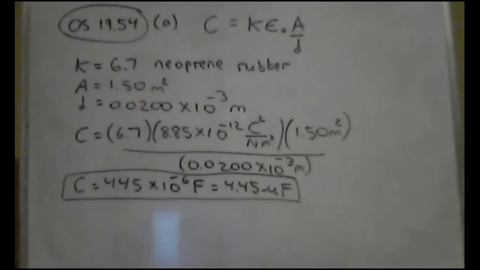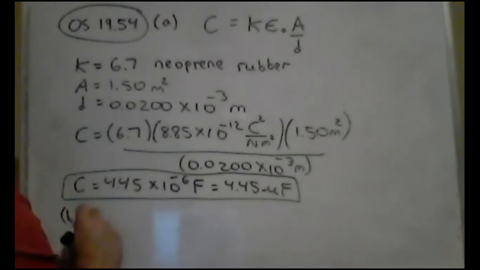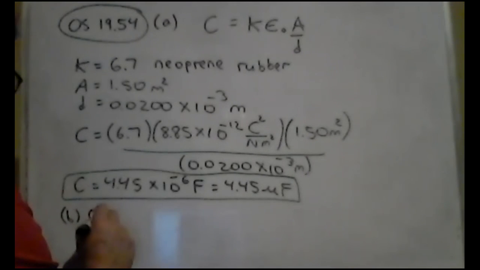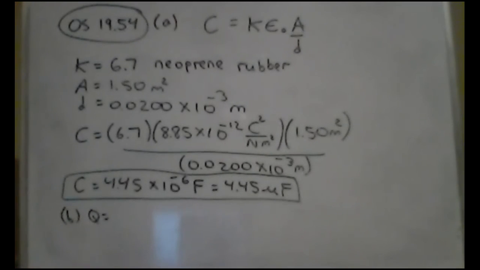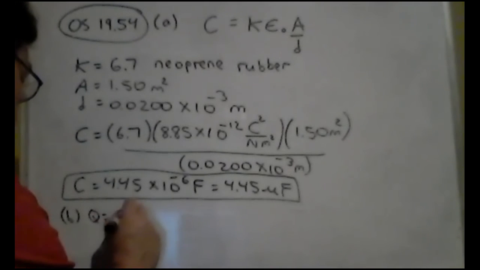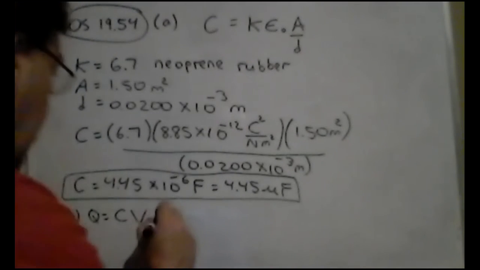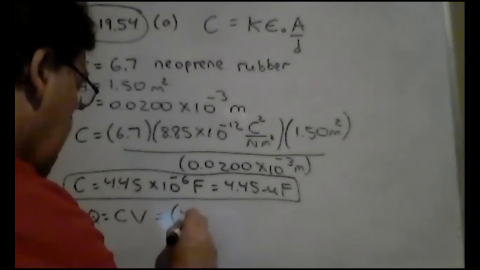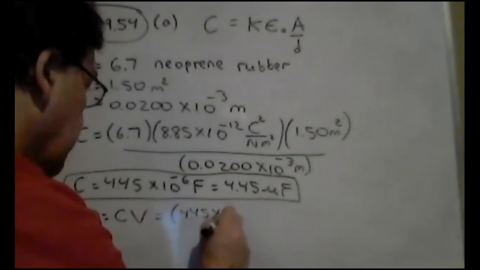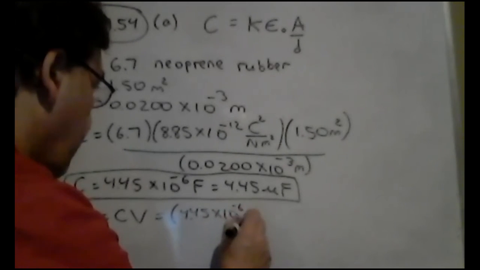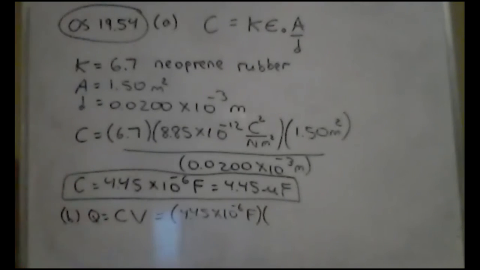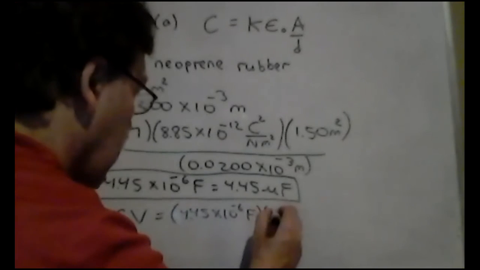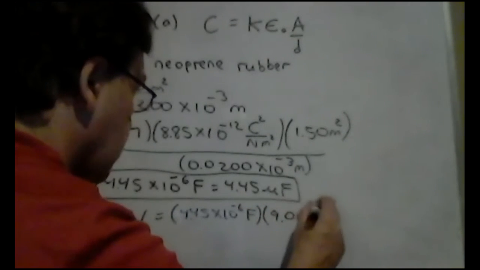Of course, I've now designed the parallel plate capacitor. I now know what the capacitance is. I can predict that very easily. Part B means I'm now going to use it. So now I want to figure out how much charge is on that capacitor when I apply a certain potential difference. So charge is Q equals CV. I figured out C, so that's 4.45 times 10 to the negative 6 farads times the voltage of 9.00 volts.